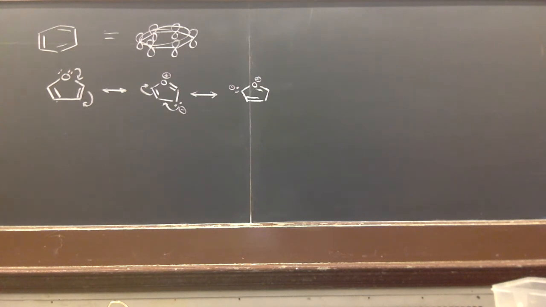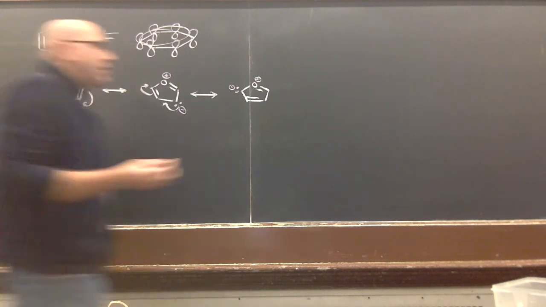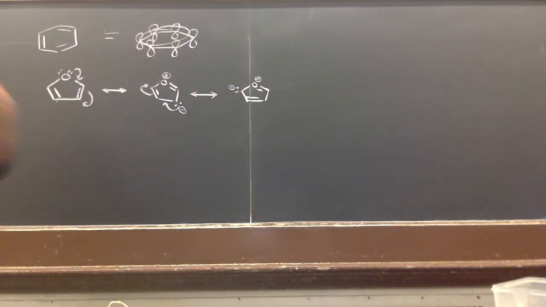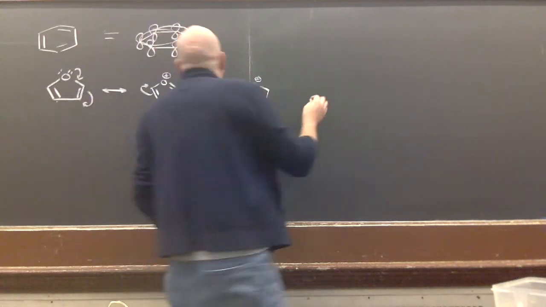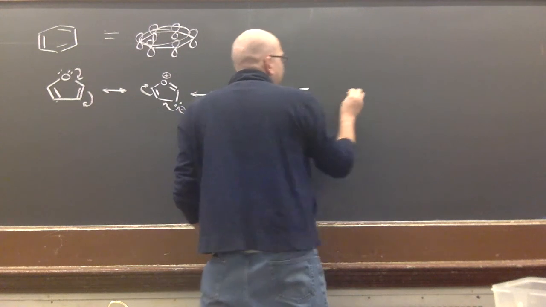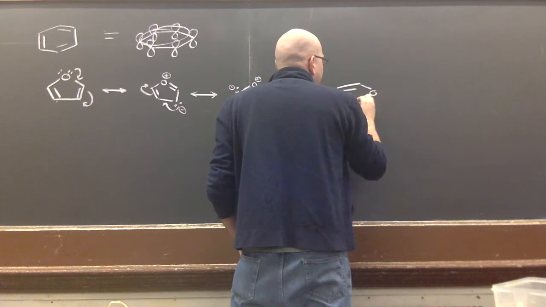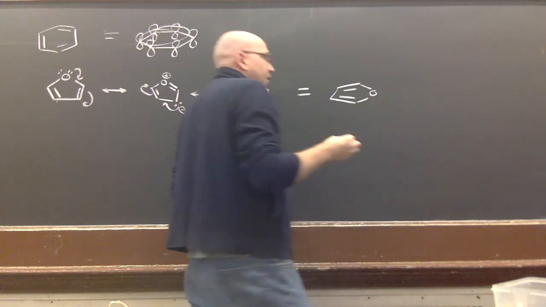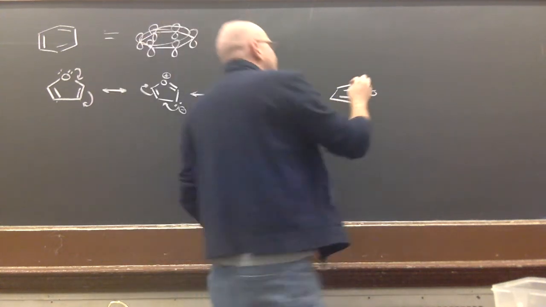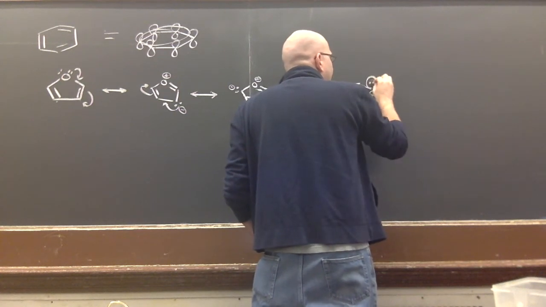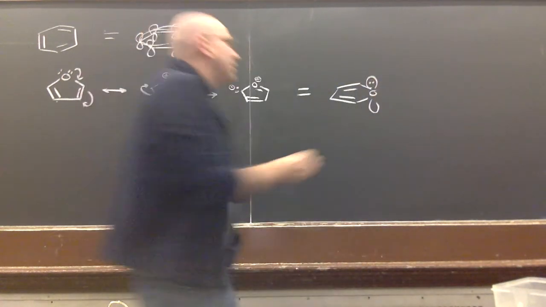So in cases like this, I think generally the best thing to do is consider the overlap of pi orbitals in this system. I often think it's best to do this. It helps you recognize some important features of these molecules. In this case, you have two lone pairs on oxygen.